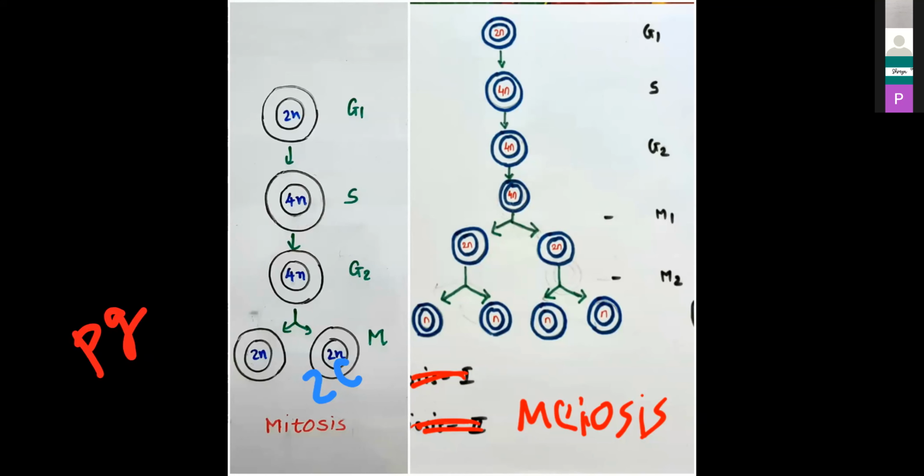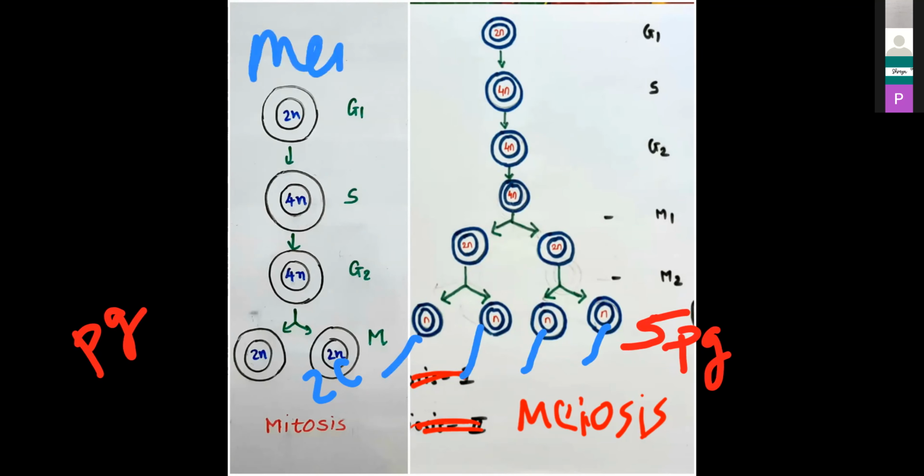Let's say that 5 picogram is the amount of genetic material, weight of the genetic material found in the gamete. Sperm या ovum, ऐसा कोई gamete है, उसका 5 पिकोग्राम वेट है. तो उसके मियोसाइट में कितना वेट होगा?